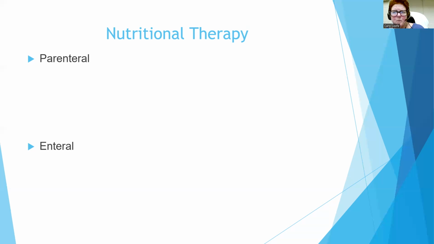Some of these ulcerative colitis or Crohn's patients may come in dehydrated because they have so many diarrhea stools at a time and have all that water loss. So fluid and electrolytes and their hydration becomes very important. So we want them to be able to gain some of that weight back.